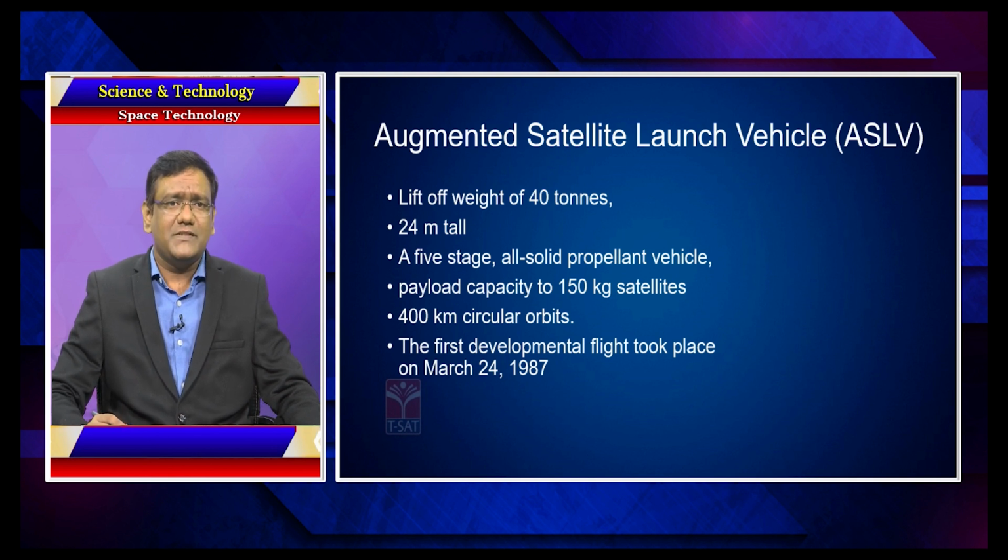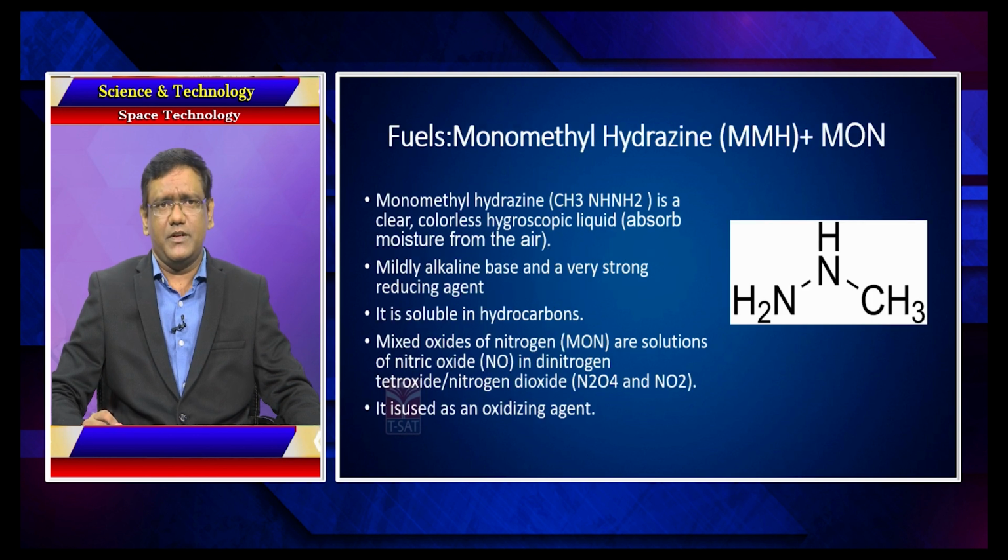The payload capacity is up to 150 kg, and it can put these satellites in circular orbits around 400 kilometers above the Earth. The first developmental flight took place on 24th March 1987.